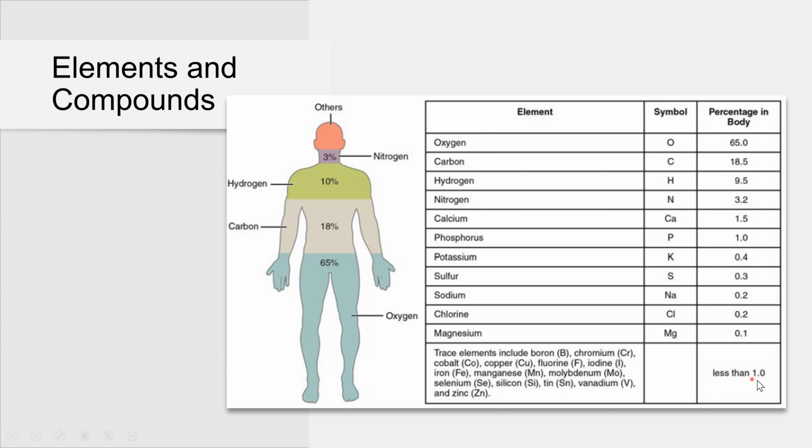And less than 1% are elements that we call trace elements, like copper, silicon, zinc, and so on. So pretty much these are the four elements, right? Oxygen, carbon, hydrogen, and nitrogen that make about 98% of your body.